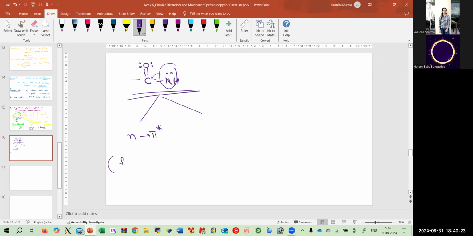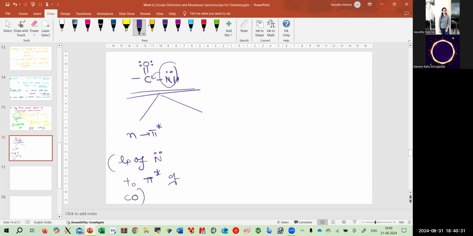This happens from the lone pair of nitrogen to the pi star of your carbonyl group, because it's a pi acceptor. Whereas the second is your pi to pi star, where this double bond goes to the oxygen. So the range of n to pi star is basically 210 to 230 nanometer, and pi to pi star is from 180 to 200 nanometer.